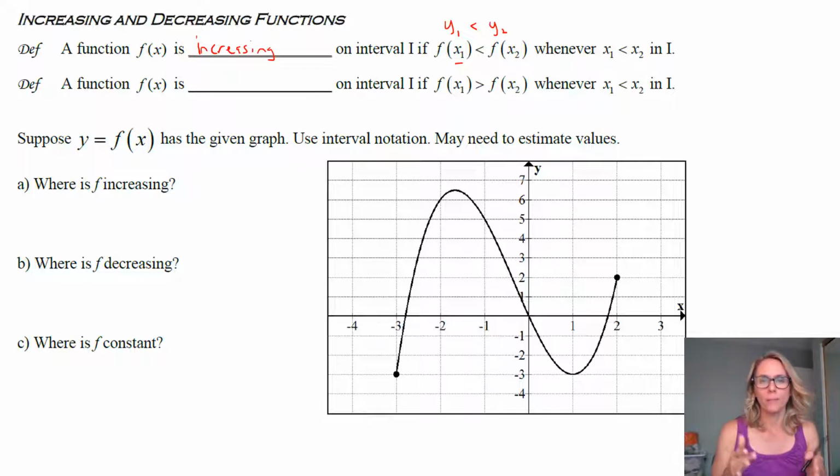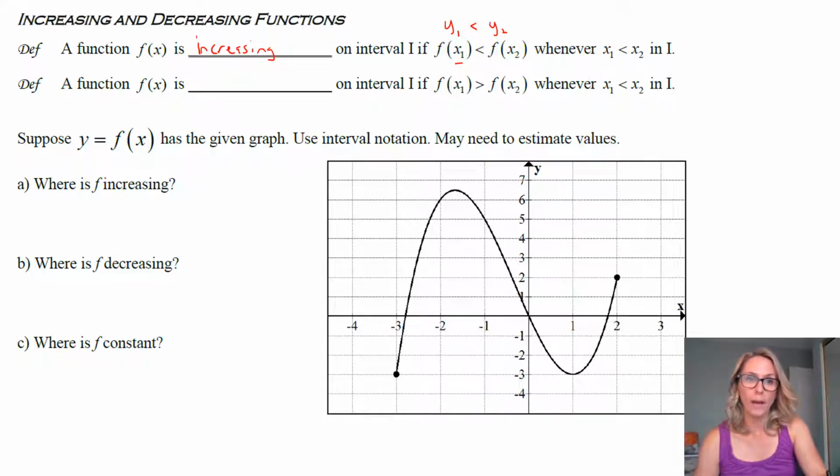And all that means is, when you have an x1, your y1 is here. And what that definition means is that your y2 needs to be greater than your y1. So all it means is as you move along, your y needs to be higher. The second y needs to be higher, telling us that the function's increasing.